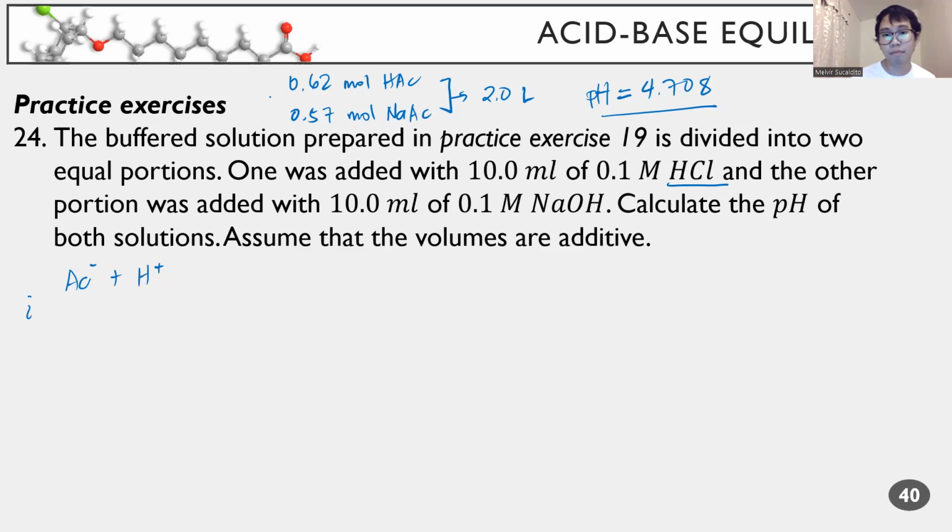So 0.57 divided by 2 plus... Wait, no, just the initial condition first. How many acetate ions initially? The calculator is acting up. It decreased suddenly. That's impossible.